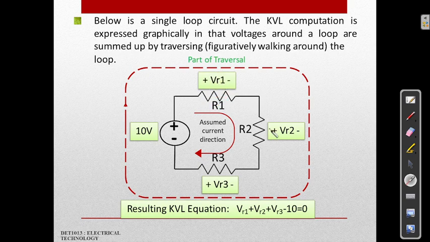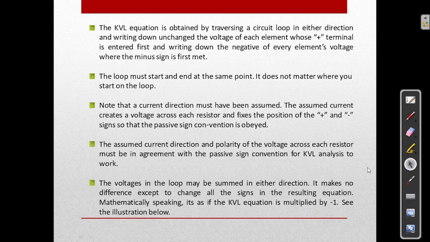V1. Across this resistance, V2. And across this resistance, V3. That is Kirchhoff's voltage law, which says that the algebraic sum of the voltages around the loop is equal to 0.